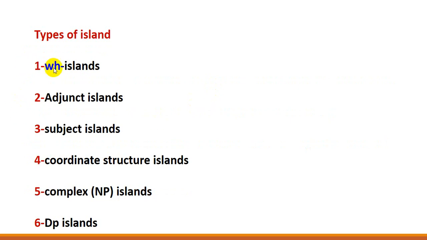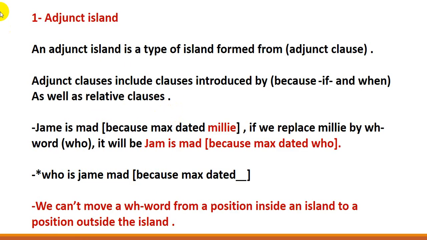The first one is WH islands and adjunct islands, subject islands, coordinate structure islands, complex noun phrase islands, and the last one is DP islands. Let's start with the first type, adjunct islands.